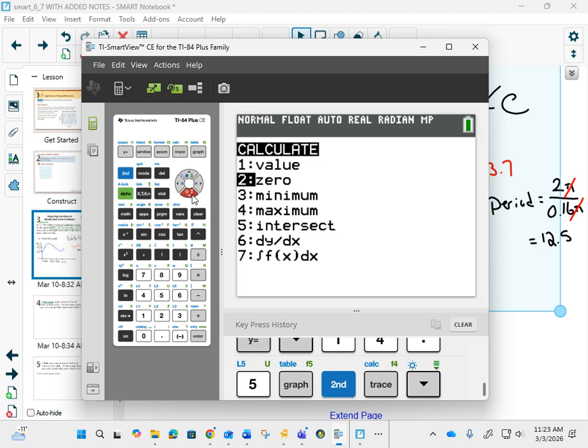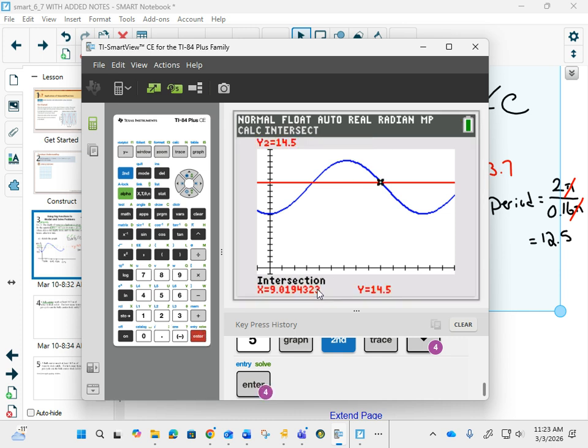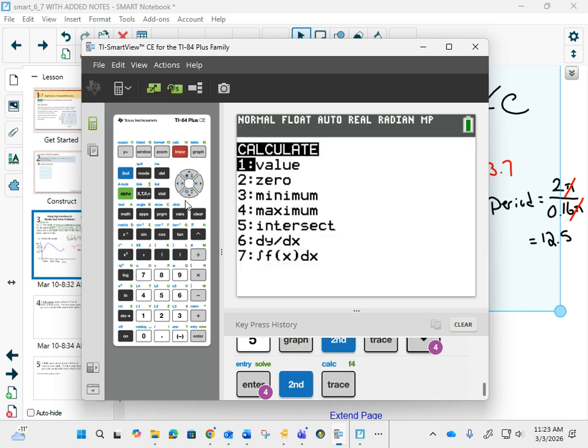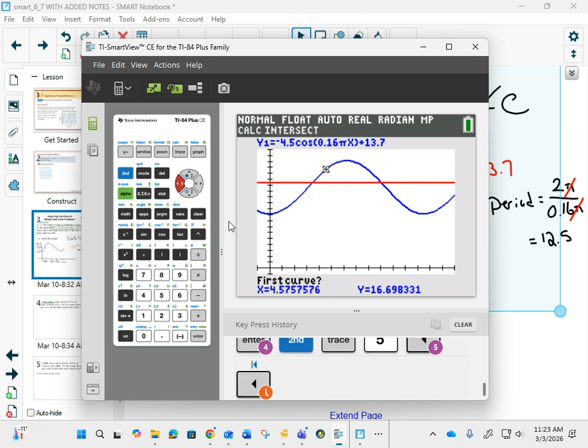But I want to find out where they intersect, number 5. So I push enter on that, enter on my first curve, enter on my second curve, enter when it says guess, and one of them is at 9.019. The other one, if I want to find the other one, I do it again, and I would need to be closer.